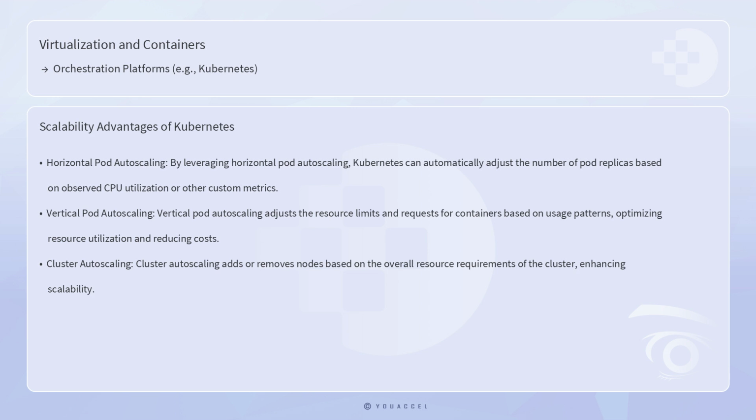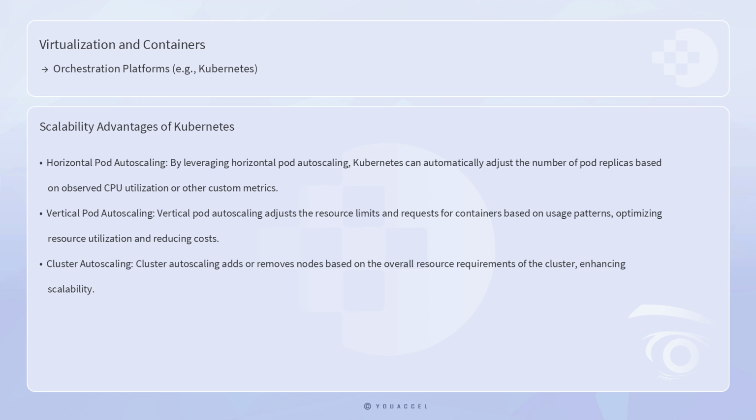The scalability of Kubernetes is one of its most significant advantages. By leveraging horizontal pod autoscaling, Kubernetes can automatically adjust the number of pod replicas based on observed CPU utilization or other custom metrics. This ensures that applications can handle varying levels of demand without manual intervention.